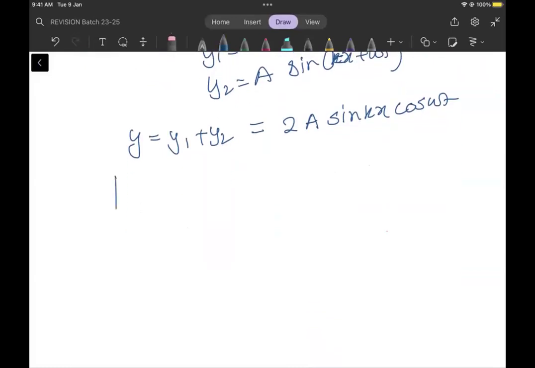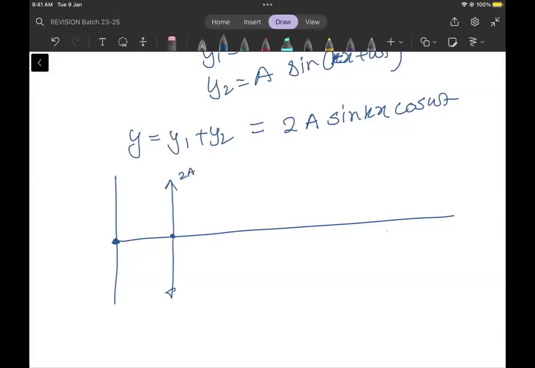So if you plot this on a graph paper, or if you physically try to see what is the meaning of this, x equal to 0 पे जो particle है वो कभी हिलेगा ही नहीं. उसके बाद से x equal to lambda by 2 पे जो particle है वो 2a amplitude से SHM execute करेगा.